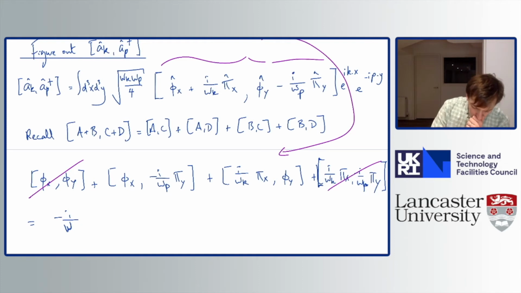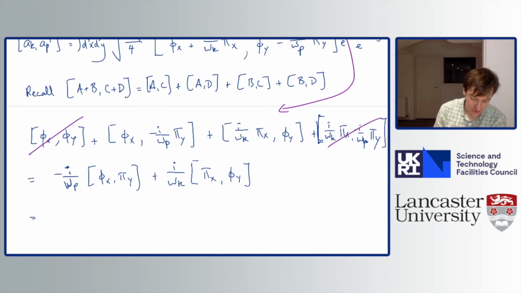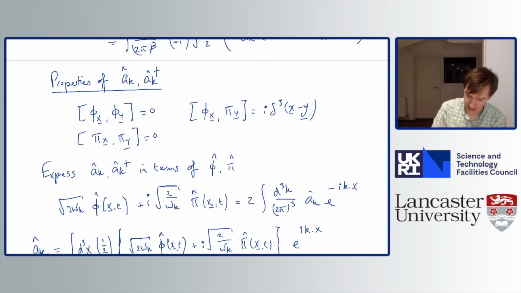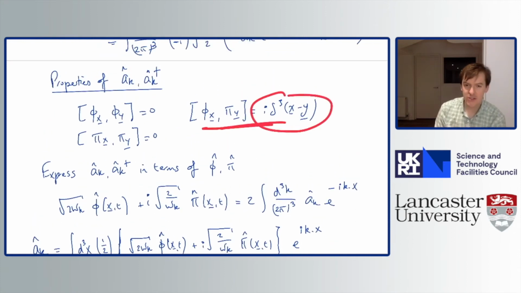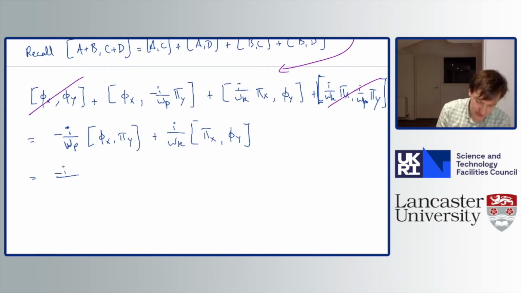So we have a minus I over omega p piece with pi x and pi y, and then plus I over omega k, so this really isn't omega k, x phi y. Now we use the result that we had above, that's equal to I times the delta function, minus I over omega p times I with a delta function, x minus y.